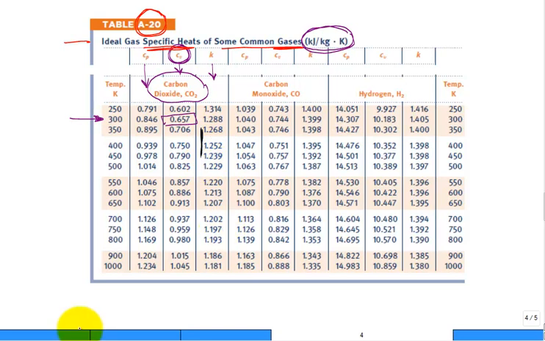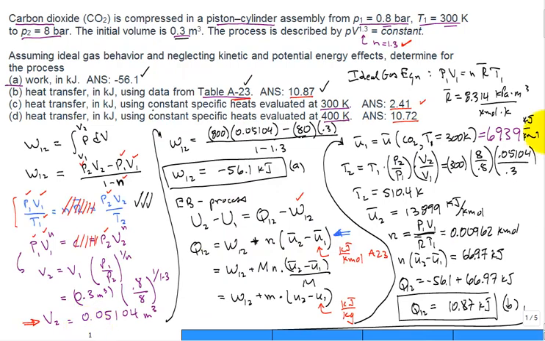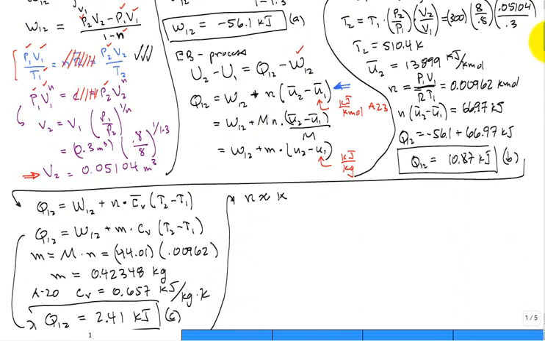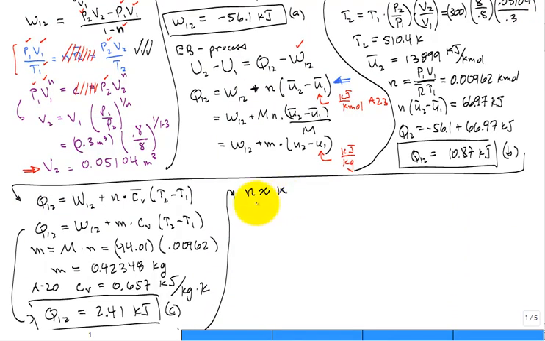What happens is we'll learn from the next chapter, chapter 6, that it's like a reversible adiabatic compression. Hence, that n exponent is close to the K, the ratio of specific heats. And when that happens, then Q is close to 0.